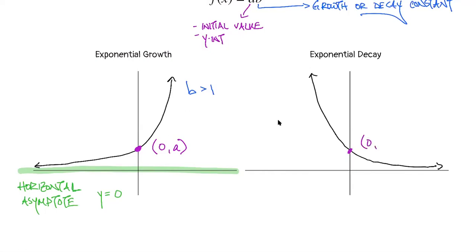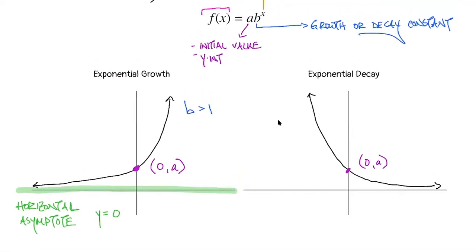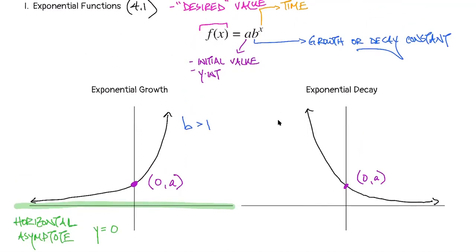We can still call this 0, comma, a. That part does not change. But if our b value in the equation, where it says ab to the x, is between 0 and 1, then we are going to have a decay. So not just less than 1, it has to be between 0 and 1.